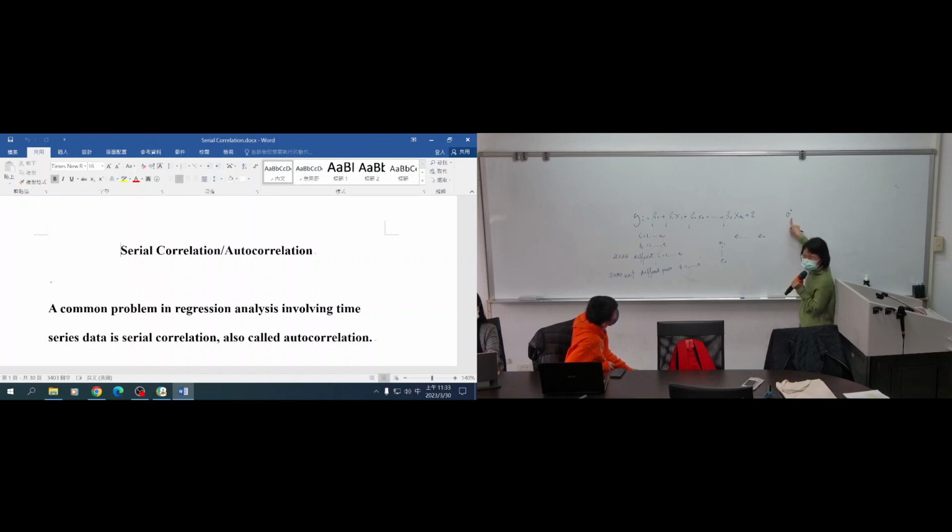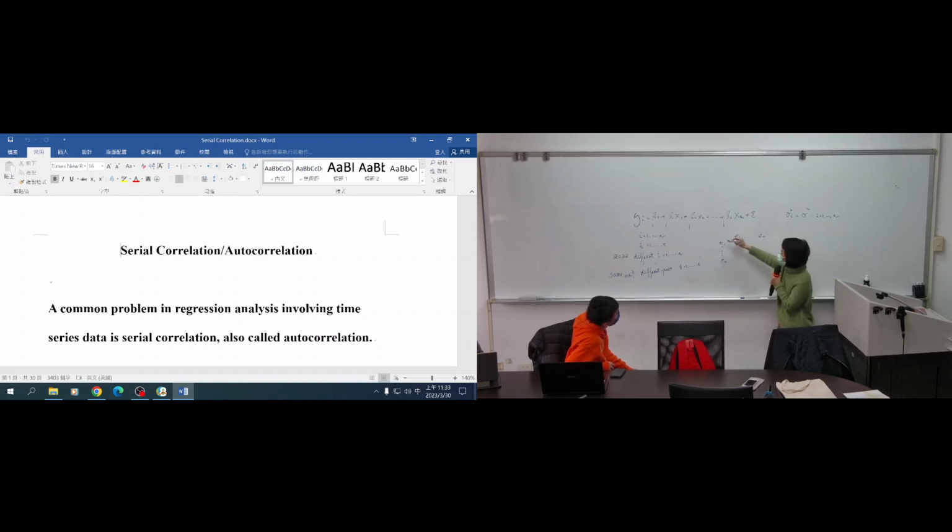If they have the same variance, we call it sigma square, which means homoscedasticity. But if this one doesn't equal that one, based on different i, that will be heteroscedasticity. Understand what I'm saying here?